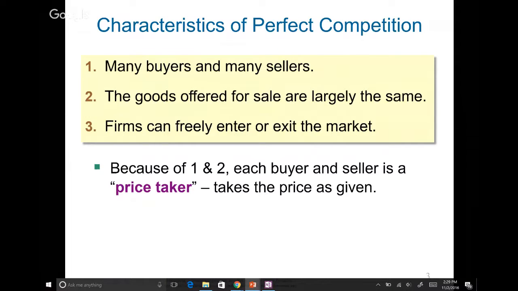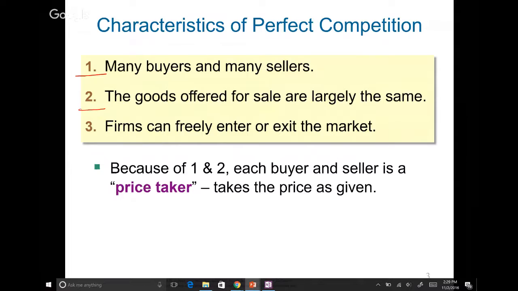The reason why they're competitive is because of 3 reasons. First, many buyers, many sellers. Everybody, the market is very competitive. You have many competitors. Second, the goods offered by the companies are all the same. It doesn't matter which company you buy from, it will be the same broccoli, same banana, same paper for the printer.